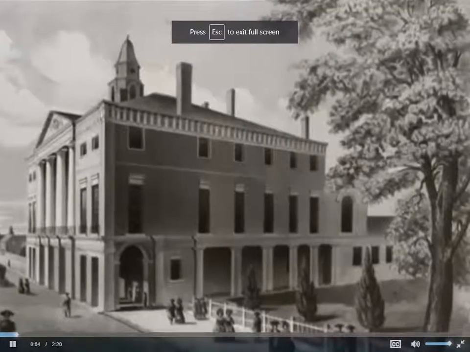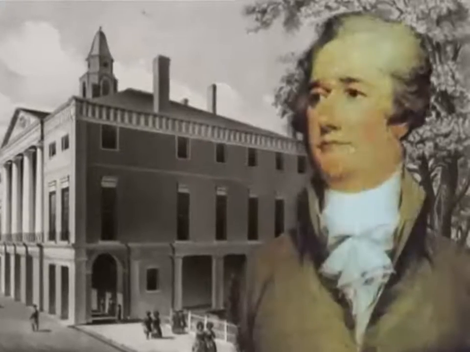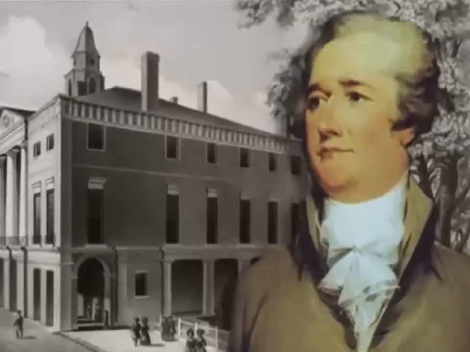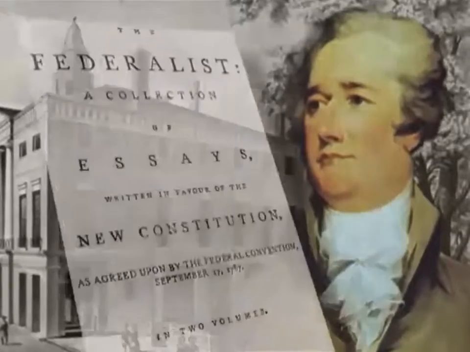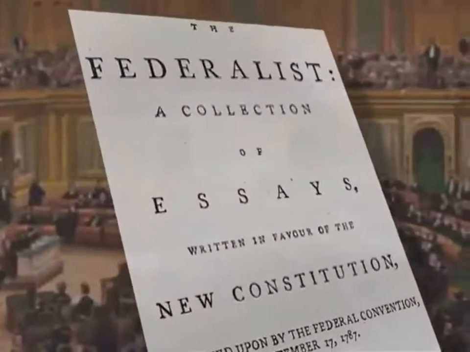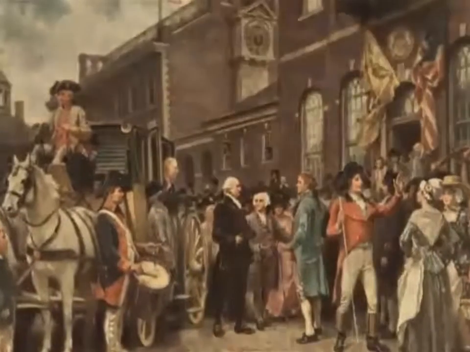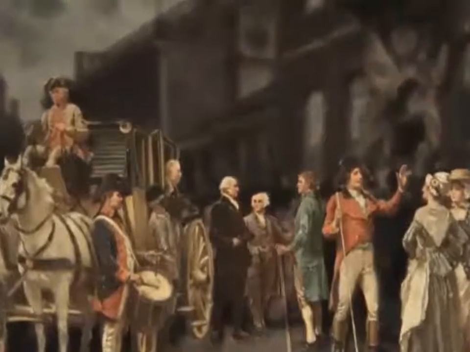During President Washington's first term, the debate over the financial program of Treasury Secretary Alexander Hamilton split Congress into two factions. Those who supported Hamilton called themselves the Federalists. They backed a strong federal government and believed only a wealthy and educated elite were qualified to rule.